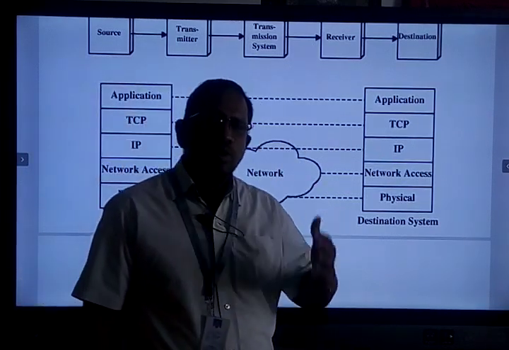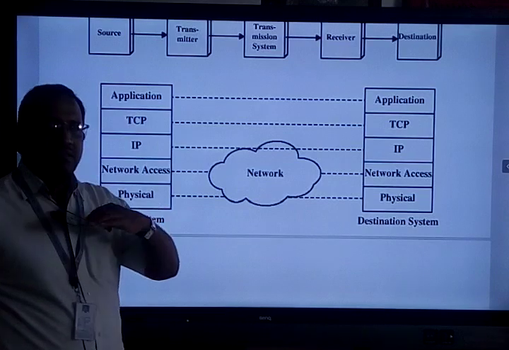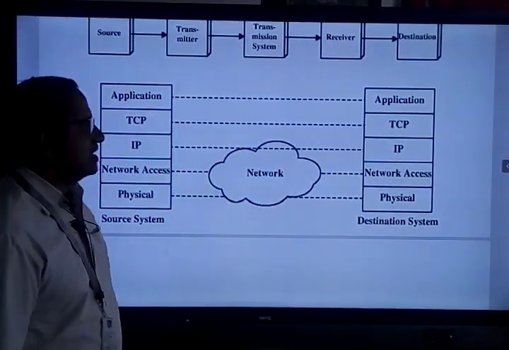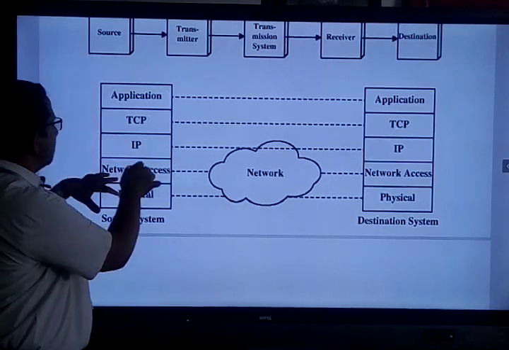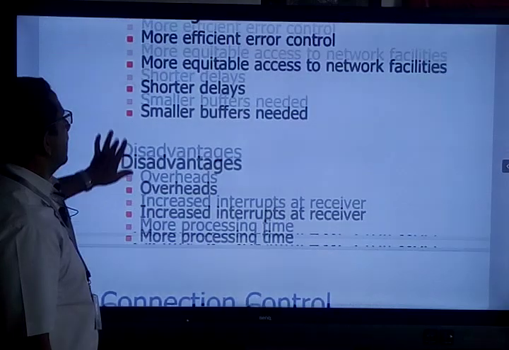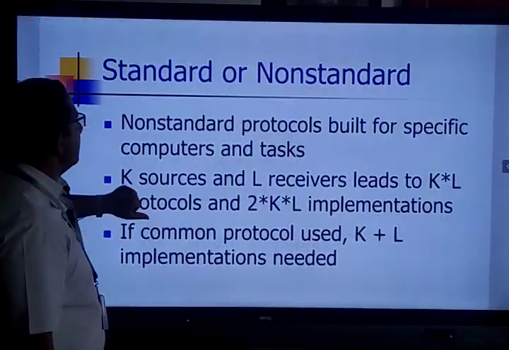As far as the OSI model is concerned, it works under 3 layers: physical layer, data link layer and network layer. In the case of TCP/IP, 2 layers are going to get accessed. Coming to the OSI model, let us go back to the OSI model.